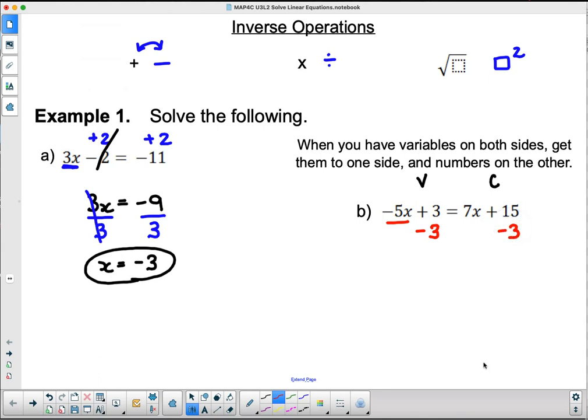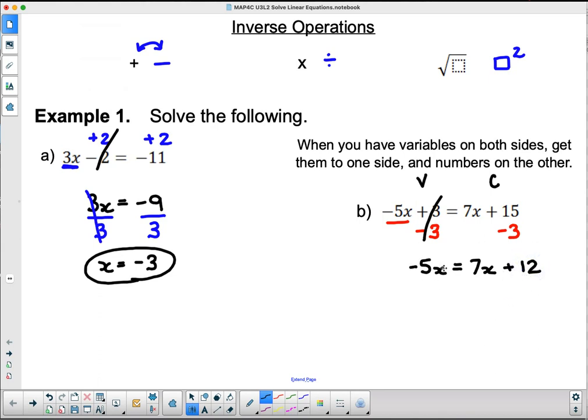So I'm going to subtract 3 on that side as well. So those are gone, and I'm left with just -5x on this side. And on the other side, I have that 7x still. Nothing happened to that 7x. And when I put in these -3's, we'll cancel out 3 of those positives, and so I'm left with +12.